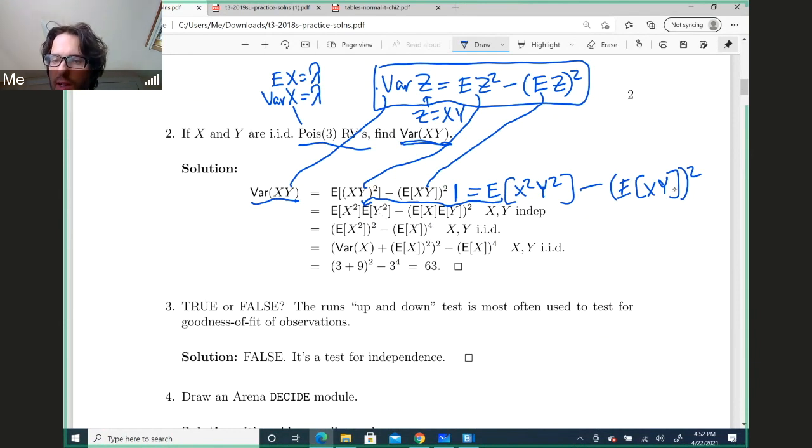And likewise, we can take the inside of E of XY and turn it into E of X times E of Y.